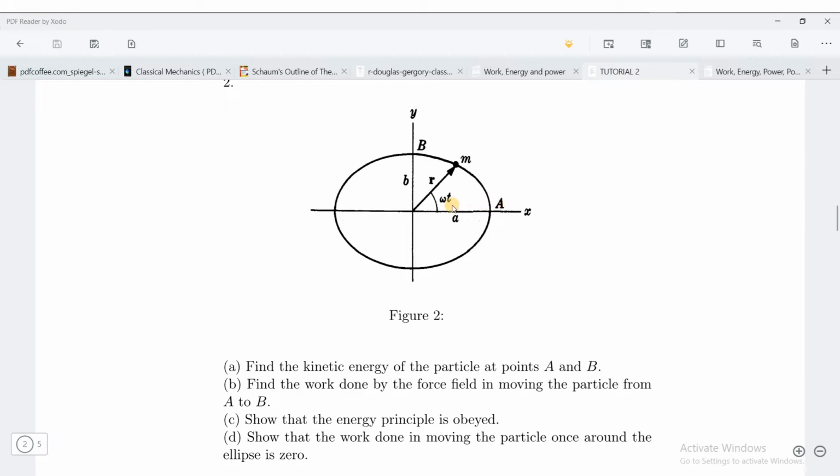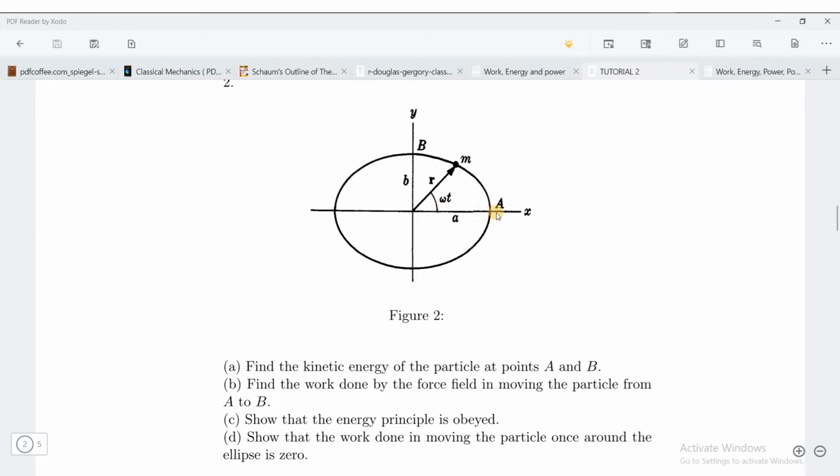It is clear that the angle it would make is 0, meaning that at A, omega t is 0. Okay, 0 degrees or 0 radians, so let's just keep it in radians.